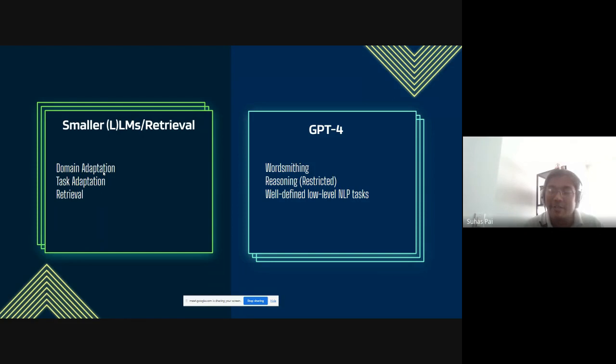GPT-4 is also very good at wordsmithing. Currently our most recent product is doing a very effective form of long document summarization. You take a document that can be hundreds of pages long and summarize it in just 1 or 2 pages. It's a very difficult task.